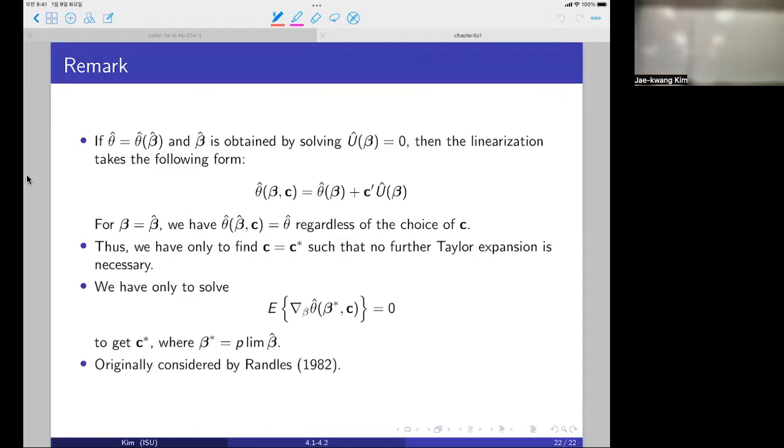The nice thing about it is that you don't have to compute the inverse; you just view it as an equation. Okay, I think that's all.